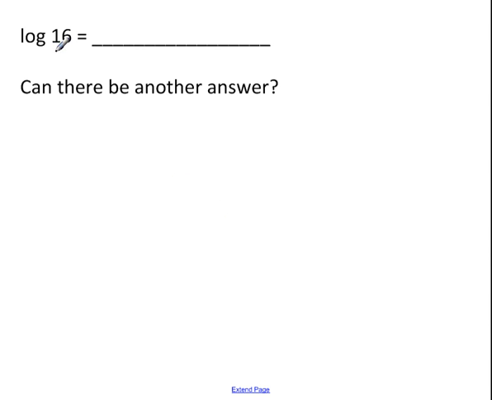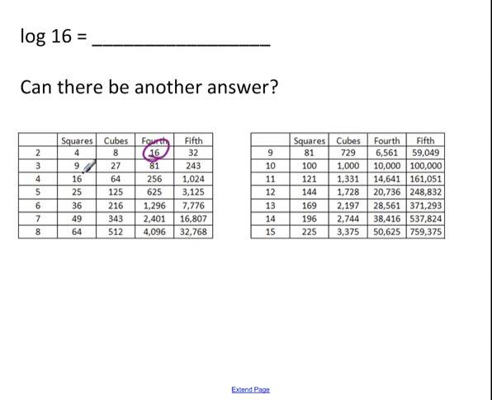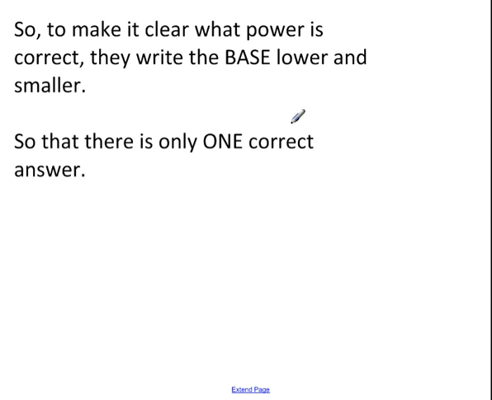Alright, now our problem starts to arise. Log of 16. When you look at your table, you're going to see that that's happening right here, it's happening right here. So what are we going to go with? Are we going to go with it equals 2, or are we going to go with it equals 4? In these situations, that's when we have trouble. So what we do is we write our base down there a little bit smaller. So what happens here?